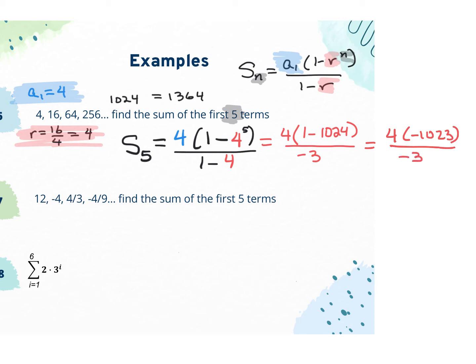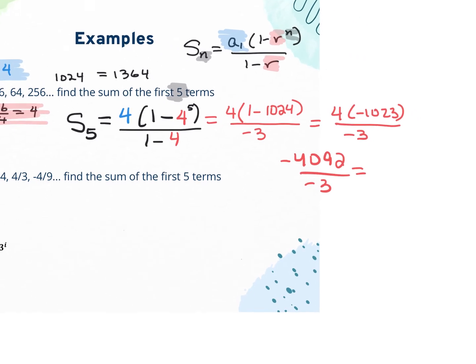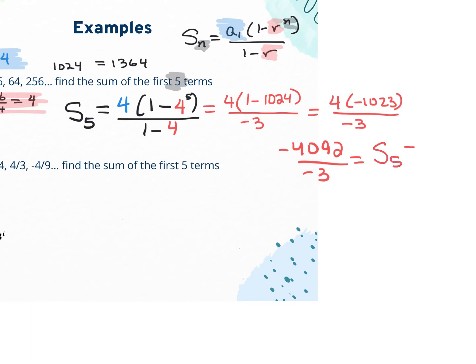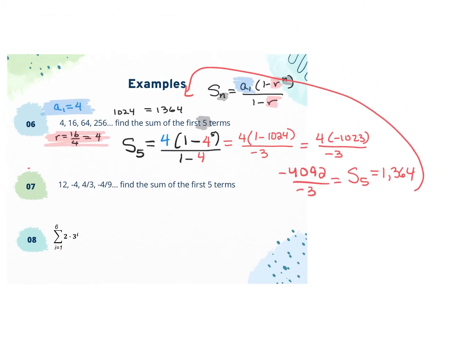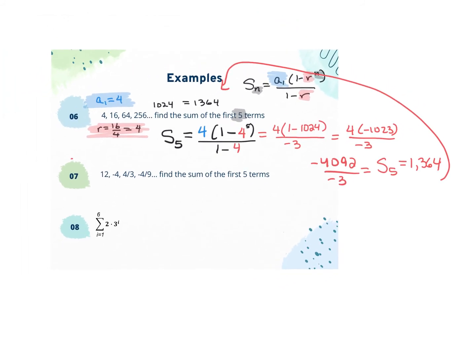I'll multiply the numerator, and then now I'll divide by negative 3. And the sum of the first 5 terms is 1,364. Notice it's the same sum that I got when I added them individually. So again, just to show you how the formula works.